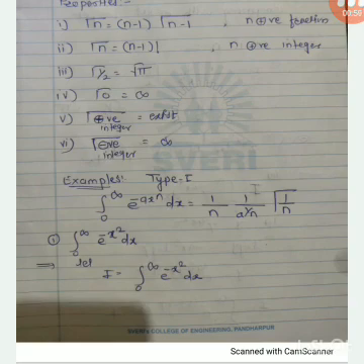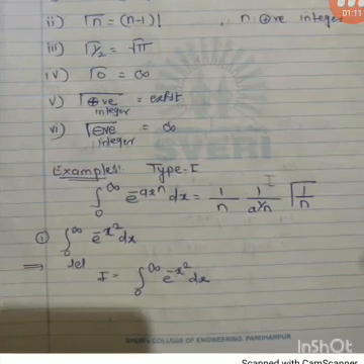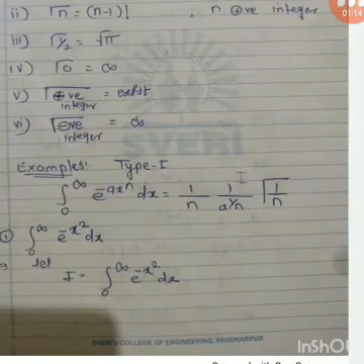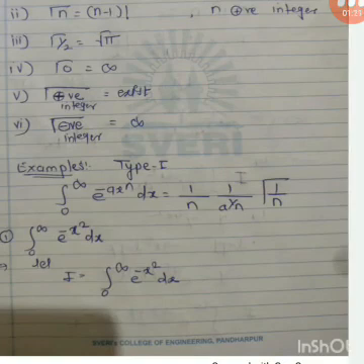Okay, next we will see some properties of the gamma function. Gamma n we can write as n minus 1 into gamma of n minus 1, where n should be a positive fraction or positive number. Second, gamma n is equal to n minus 1 factorial, particularly if n is a positive integer.